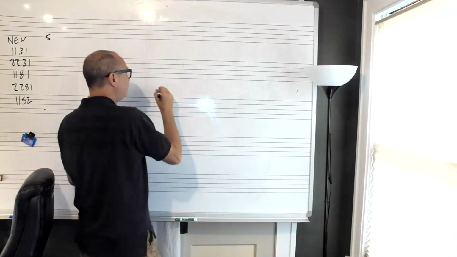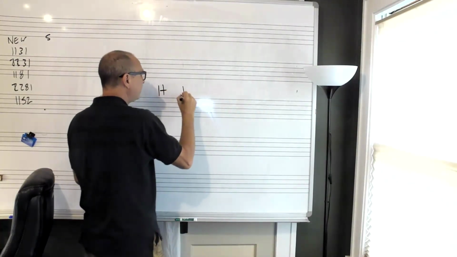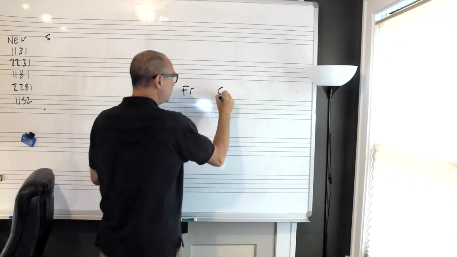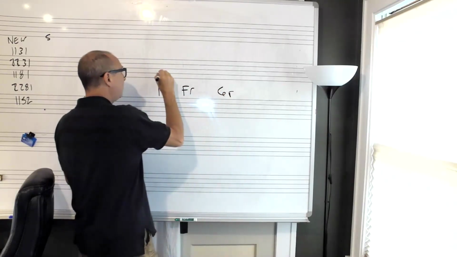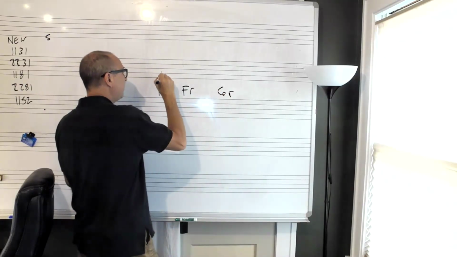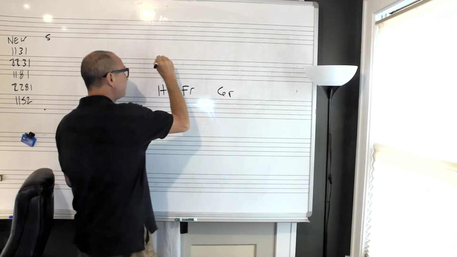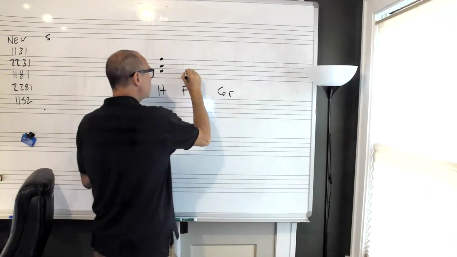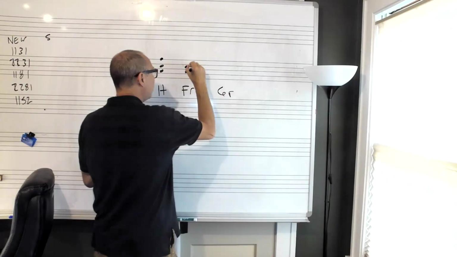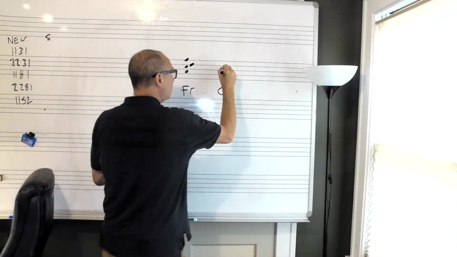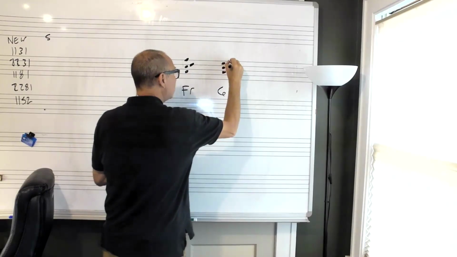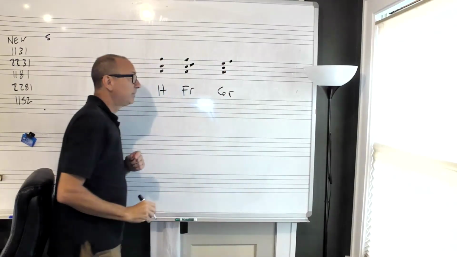So we'll put them in this order this time: Italian, French, German. Okay, Italian chord is going to have this shape, French is going to have this shape, and German is going to have this shape.